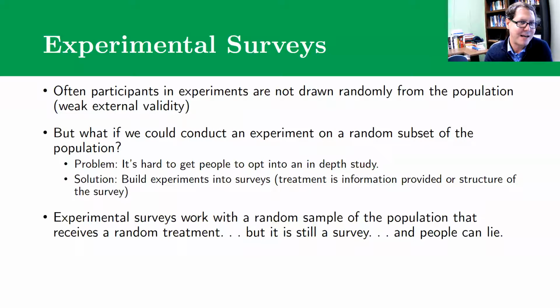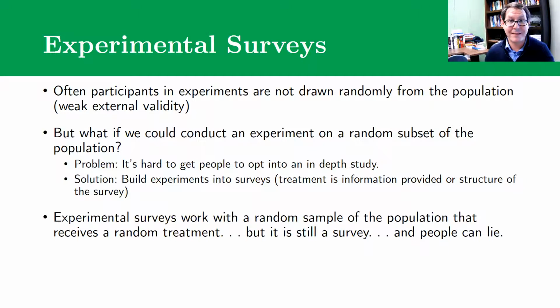Another place where this can actually work is with what are called experimental surveys. So typically we don't get our pool of research subjects for experiments through a random process selecting from the population. Our pool of who opts into experiments tends to look different than the general population, but that's not a requirement.